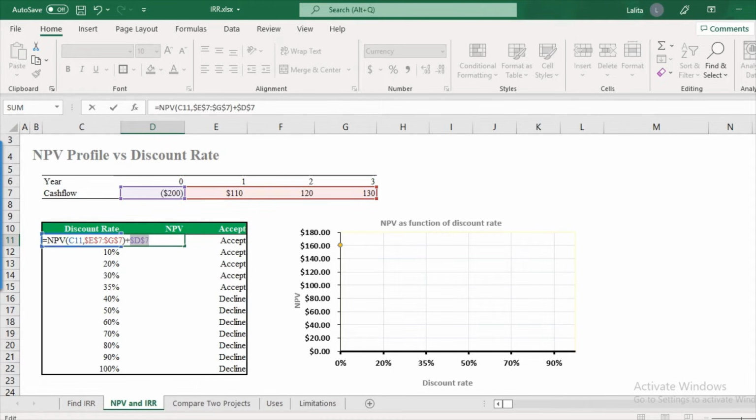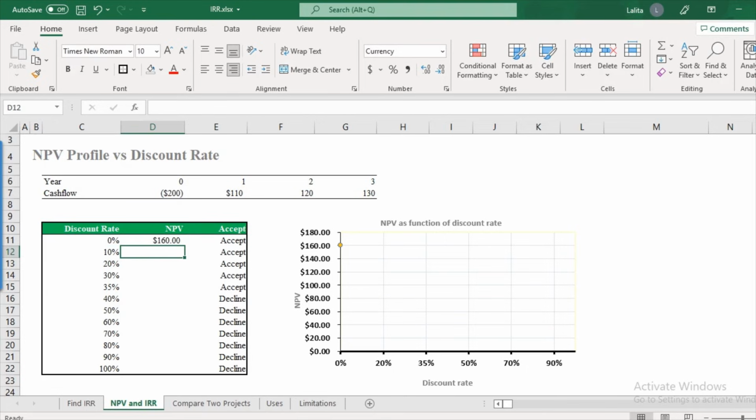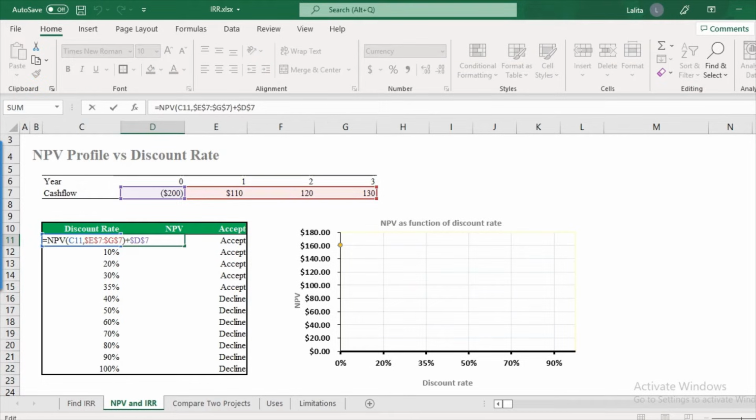These dollar signs ensure that they are static, they don't move at all. However, I haven't put any dollar signs in front of C11, and C11 is nothing but the discount rates. The discount rates will keep on moving from top to bottom as I copy and paste the formula. Okay, so for more information, please refer to absolute and relative references, and I'm sure you will get the meaning of this formula altogether.